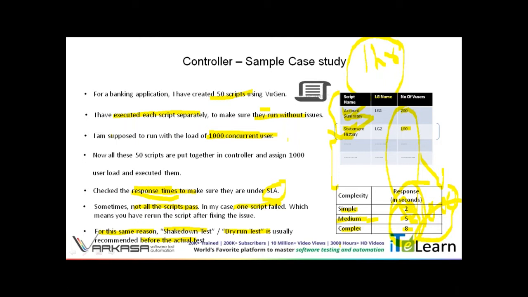The whole test is a problem, and all your efforts are wasted. This is why you have to do a shakedown test or a dry run test before the actual 1 hour test is done.